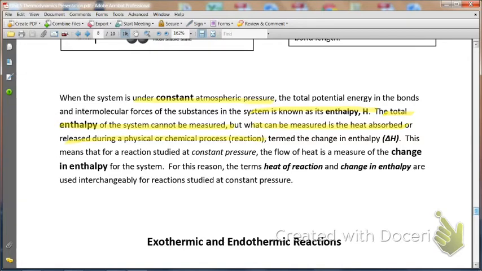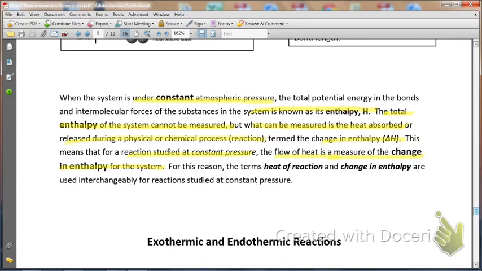A thermometer essentially measures the changes in average kinetic energy as heat is being transferred out of the system or into the system. Well, it turns out that the change in enthalpy is equal to the change in heat energy. So what this means is that for a reaction studied at constant pressure, the flow of heat is an actual measure of the change in enthalpy of a system.